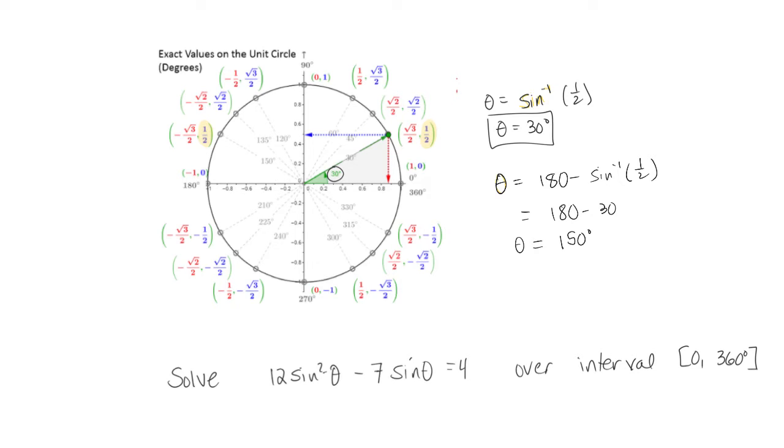Just keep that in mind, because there are going to be many angles that we're dealing with here, and we don't want to lose track of the fact that we need to think about those angles over here in quadrant 2. If what comes out is an angle in quadrant 1, then there's also going to be one over here in quadrant 2.